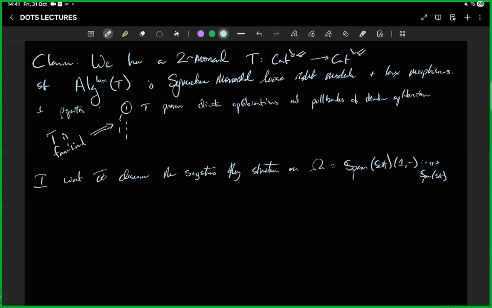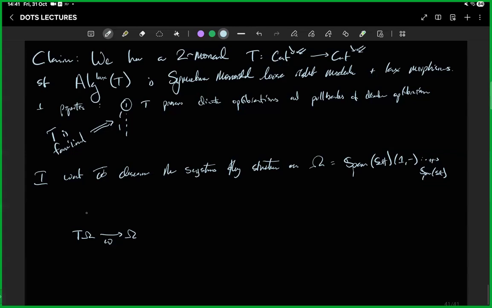Okay. So what does that mean? Well, that means I'm going to try to compute T Omega to Omega, some algebra, which we'll call little omega. Now, this map is a map into Omega, and Omega is defined by its universal mapping property, namely that maps into it correspond to discrete opfibrations. So for this to work, any map like that is determined by the pullback of this thing.